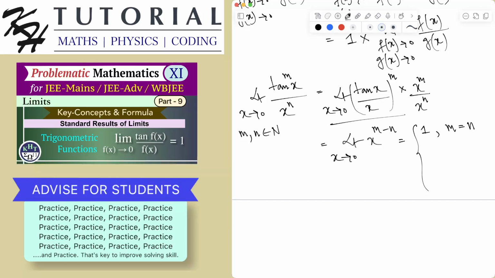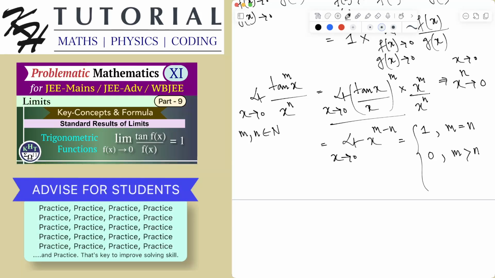Now if m is greater than n, then this will be 0, because when x is tending to 0, x to the power n, where n is a natural number, will tend to 0.